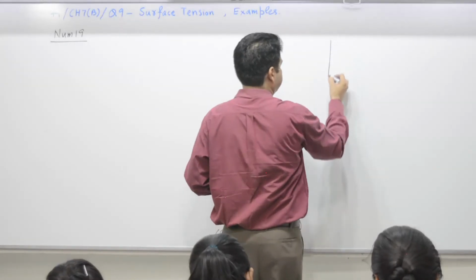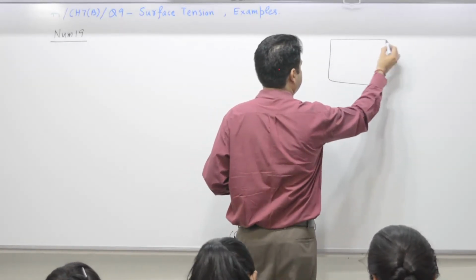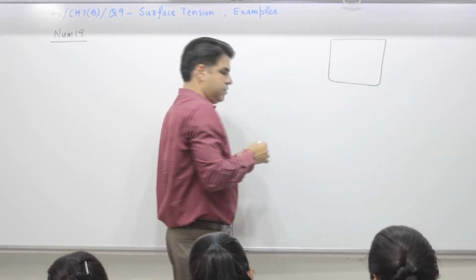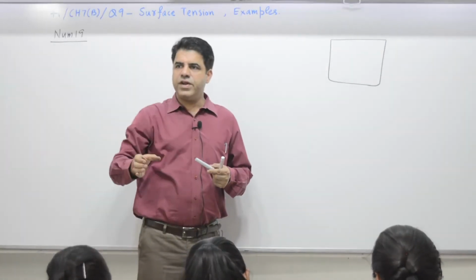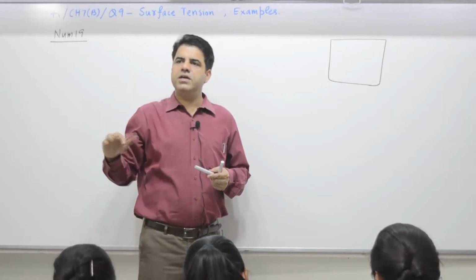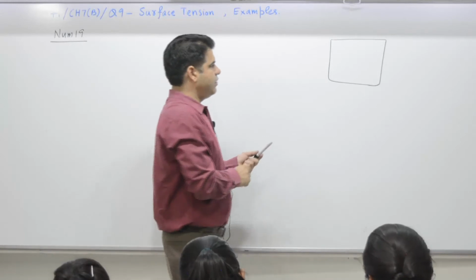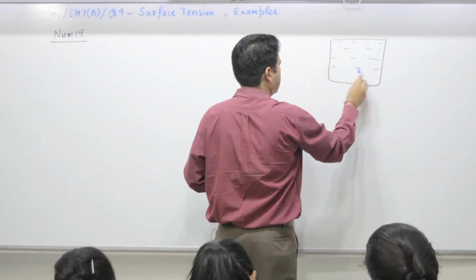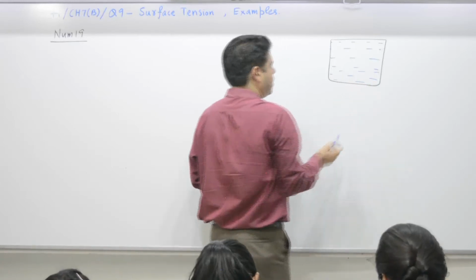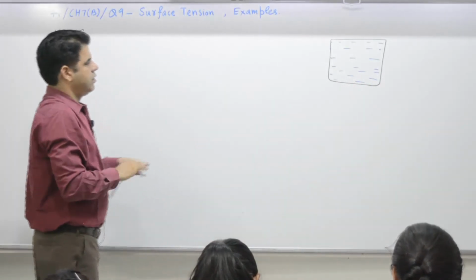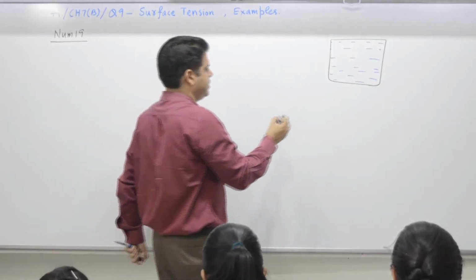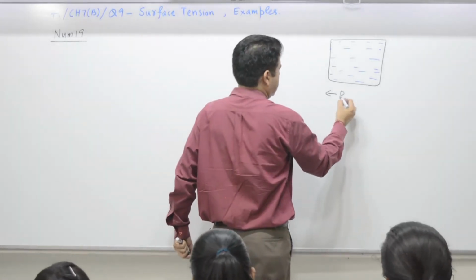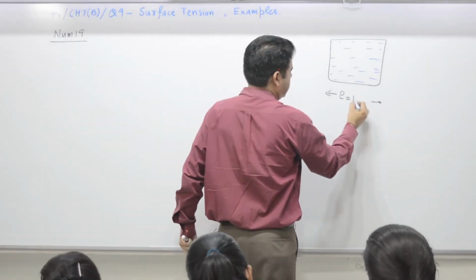Given is a wire frame. You dip this frame in a liquid, say soap solution, and what you get is a film. Each side is what? How much? 10 centimeter.